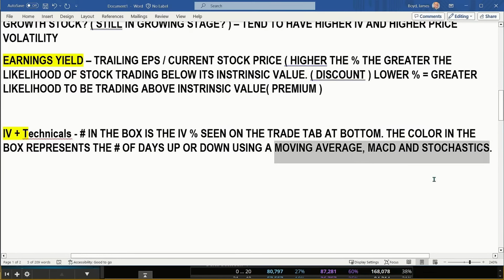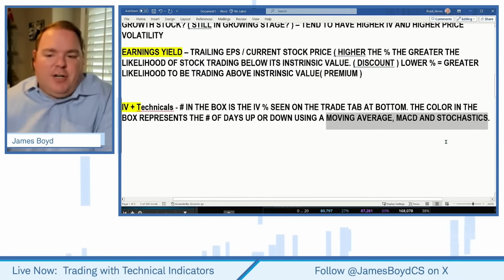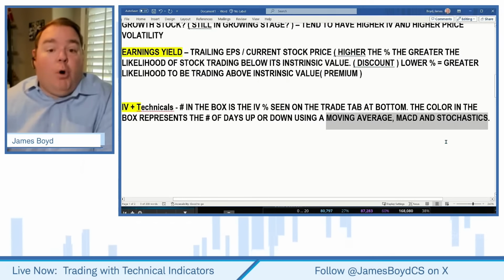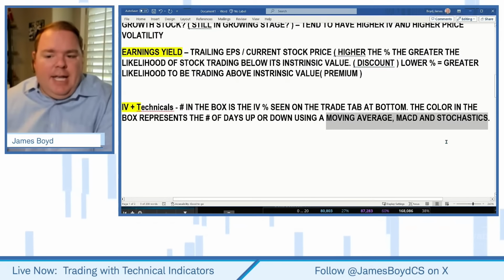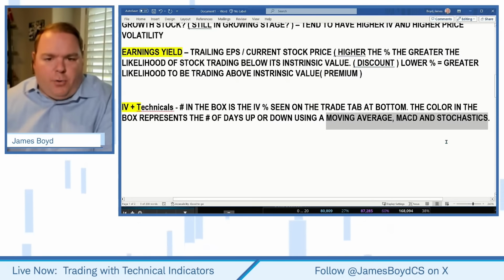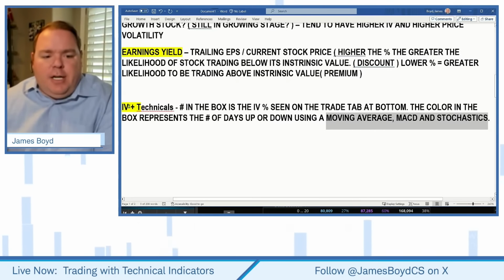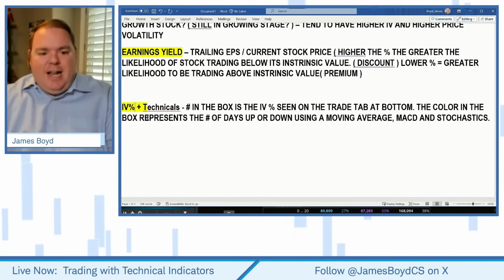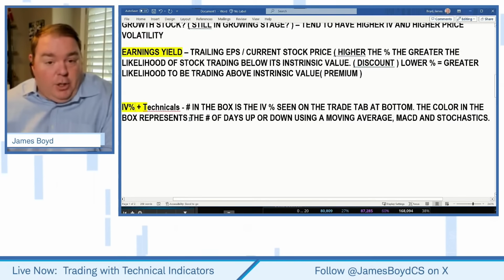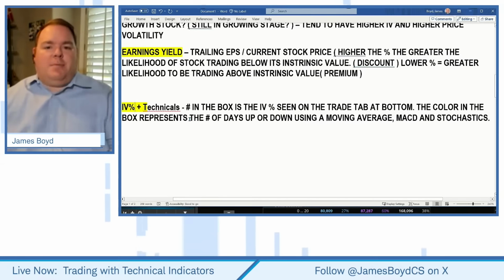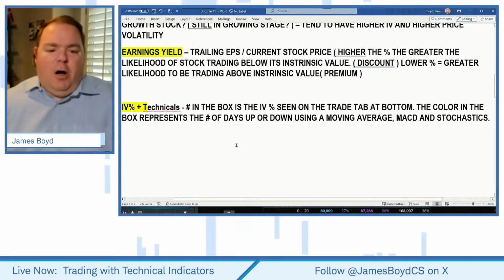And by the way, if we get a darker color green, it means that the moving average, MACD, and stochastics have been up for more than 3 days. If it's light green, it's been up 1 to 3 days. So it's not just looking at the IV percentile, but it's also looking at the technicals. And people like to use that in combination. Now, don't worry, we have some trades on that in just a moment.